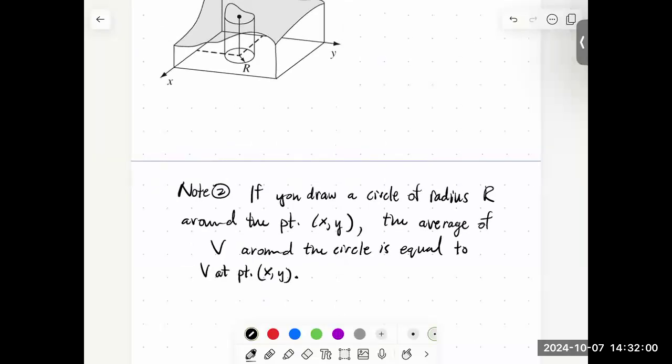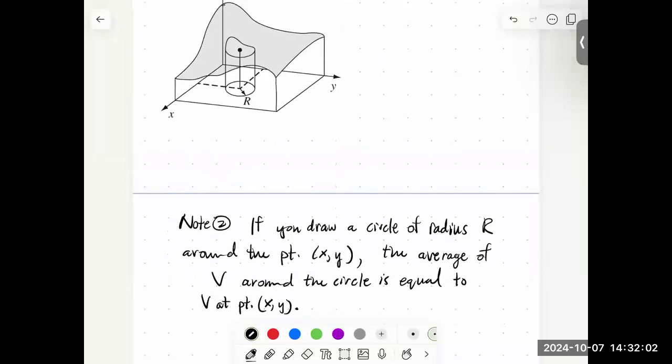Okay, and so what this picture is trying to do is to show you that fact.